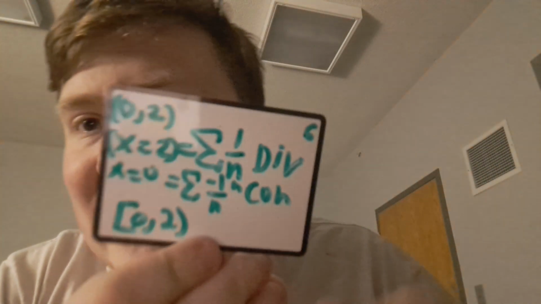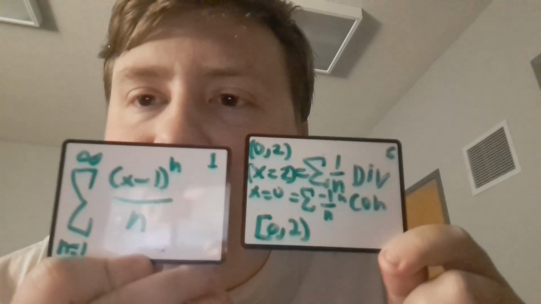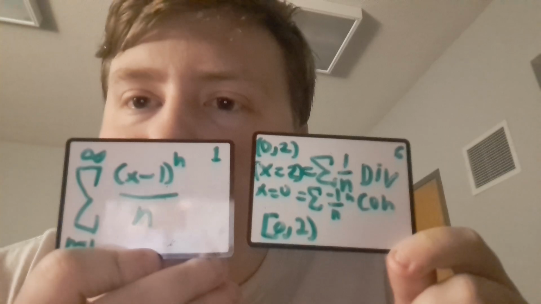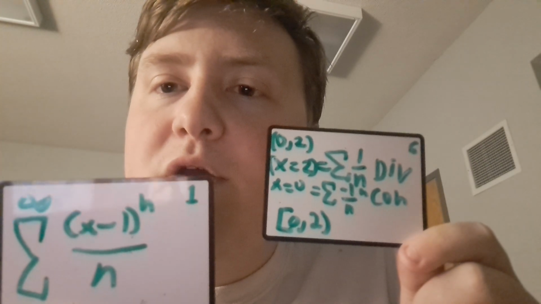You'll never guess. I've got a solution for that. It's called plug it back in. So, you take the 0 and you take the 2, and you plug it back into that original equation, right? When x equals 2, you get the series 1 over n, which diverges.